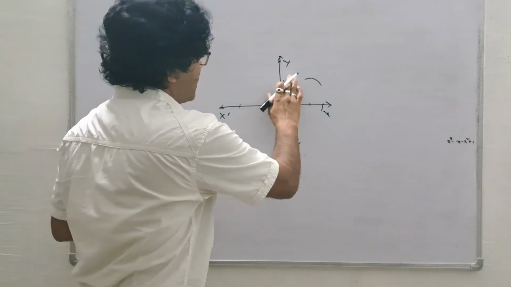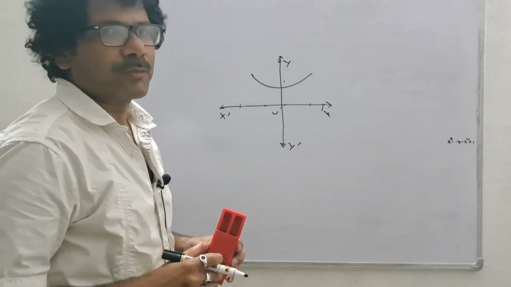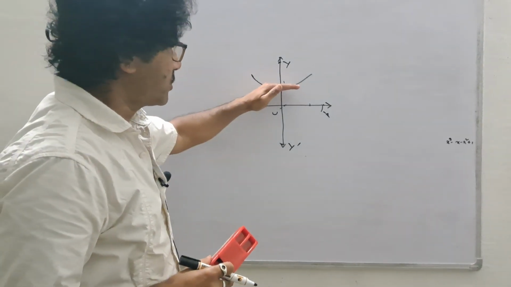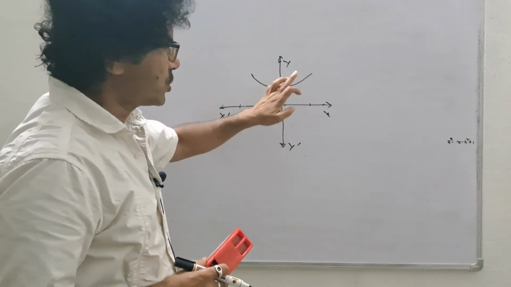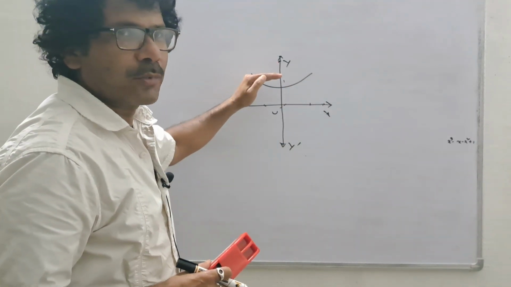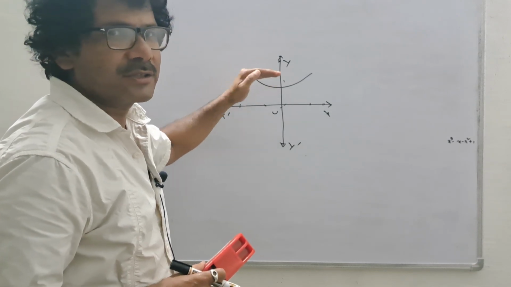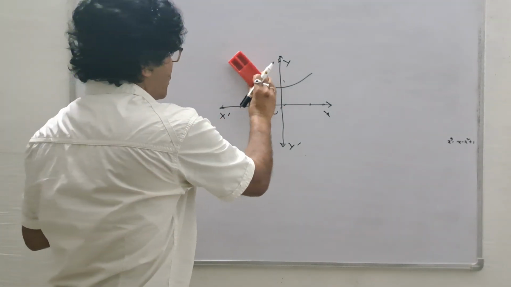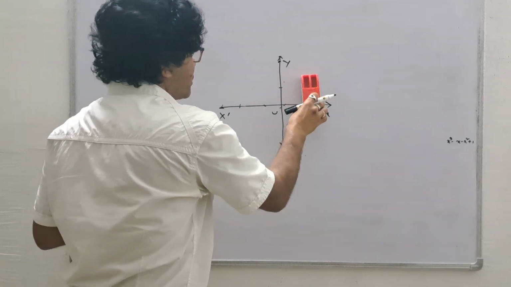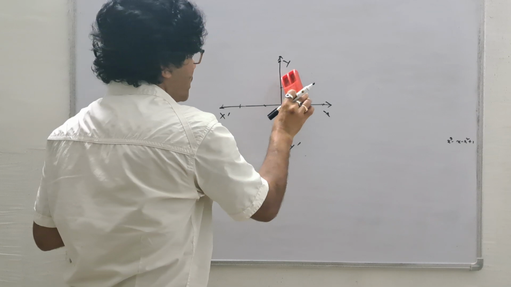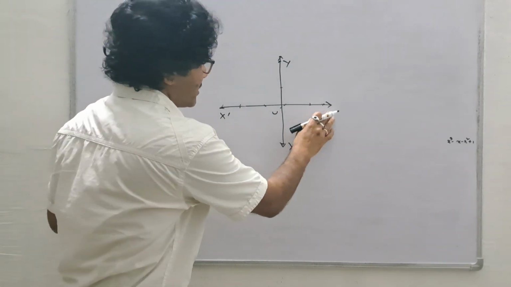Okay, similarly, say this is a graph of a polynomial, and since the graph does not intersect the x-axis at any point, the polynomial does not have any real zeros. So to get the real zeros, the graph of the polynomial must intersect the x-axis.